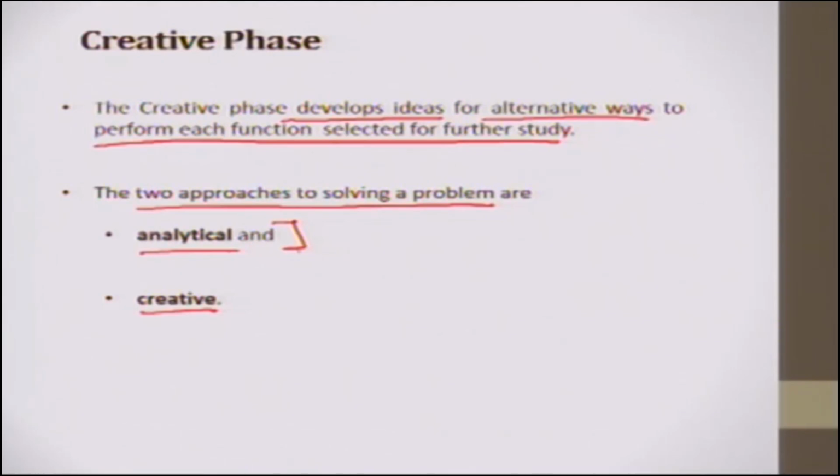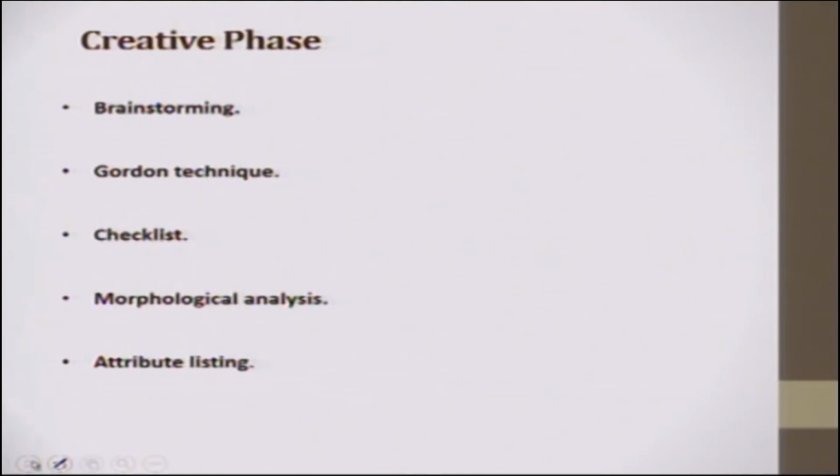In the creative technique, we work on the function and not on the part or product here. There are various methods of creativity: brainstorming, Gordon technique, checklist, morphological analysis, and attribute listing are a few of them.